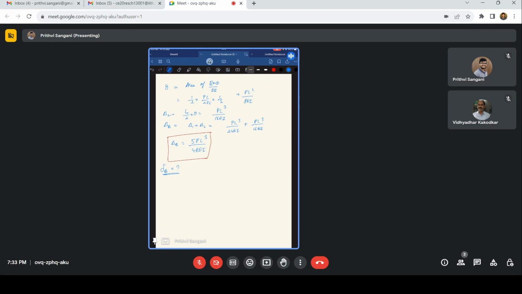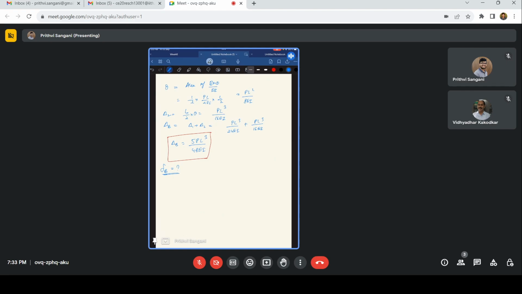Once everything is known, the major part previously for the determinate structures, we don't have much trouble in finding out the support reactions, because the support reactions are directly found by the equilibrium equations. For the previous cases, the task was to find out displacements, so for that we used unit load methods.